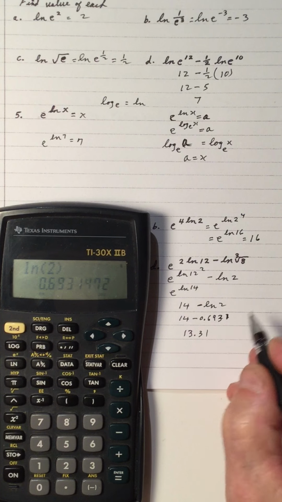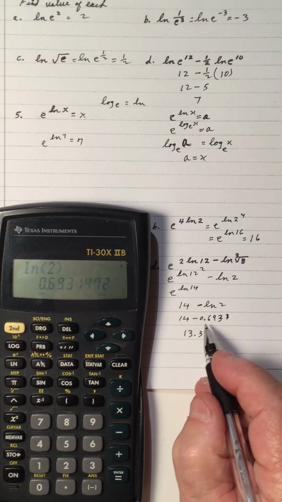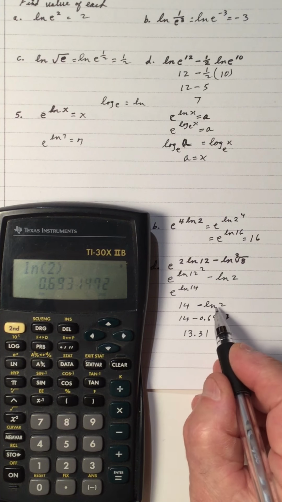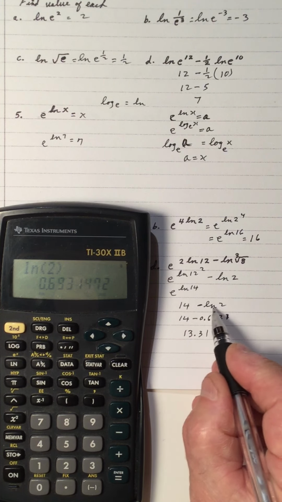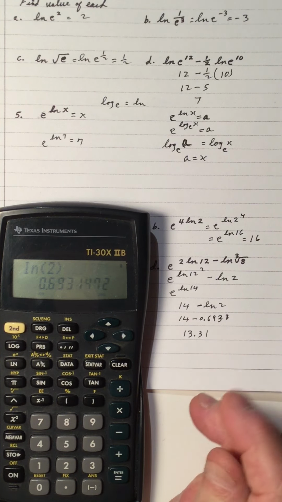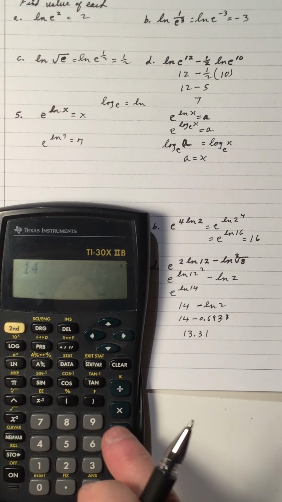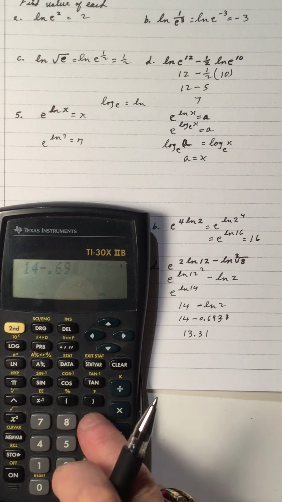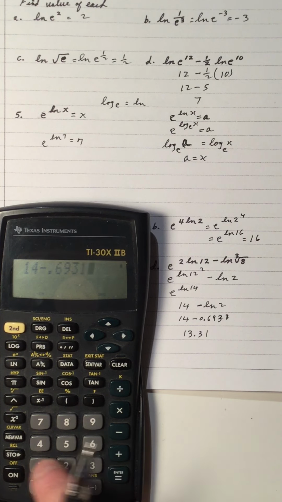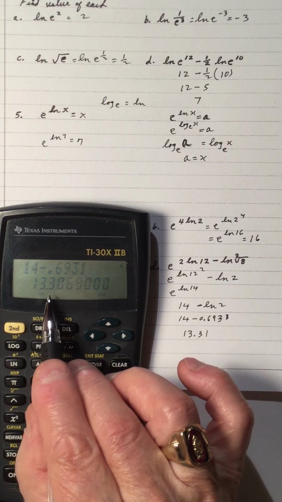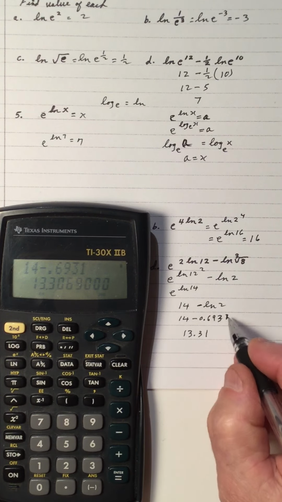Don't know where I got that. So 14 subtract that decimal. So 14 subtract ln 2 is the exact answer because we leave it as an exact number. We don't want an irrational number. So if we clear that and go 14 subtract decimal 6931, I'll get 13.31 again. Same answer here. I just wrote that down wrong just then.